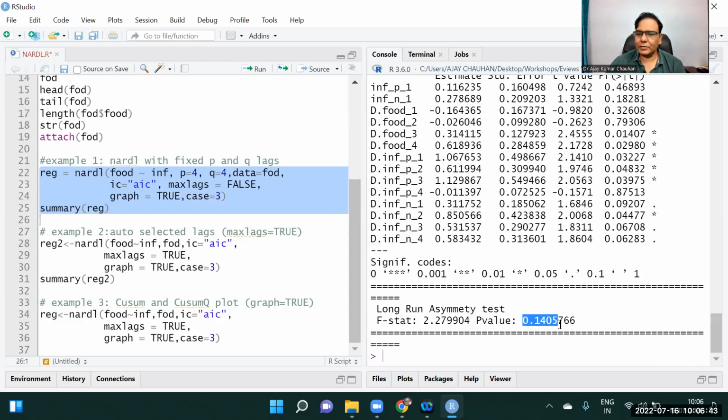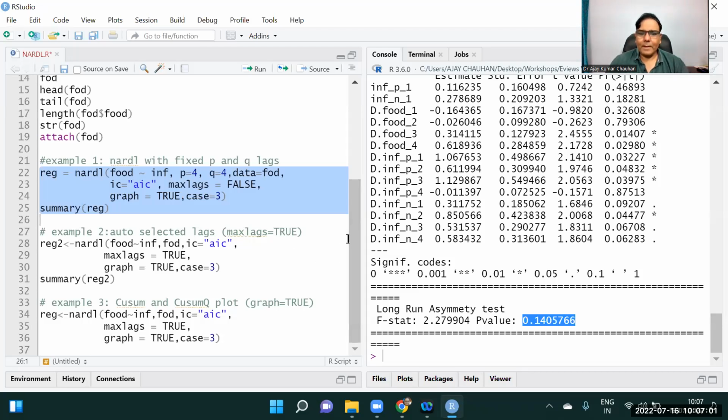Because the p-value is 0.14, it means there is no asymmetric distributed lag, or there is no asymmetric long-term effect in the variables. So we concluded with this.